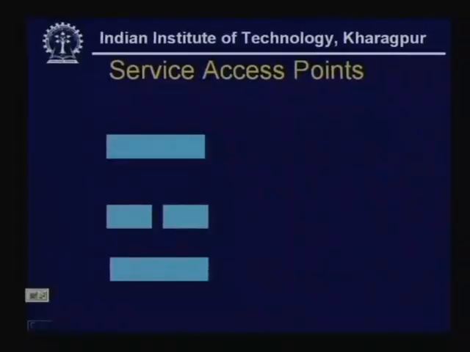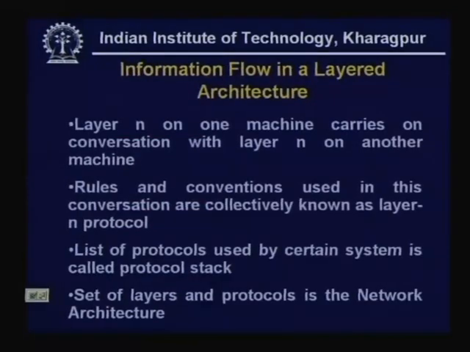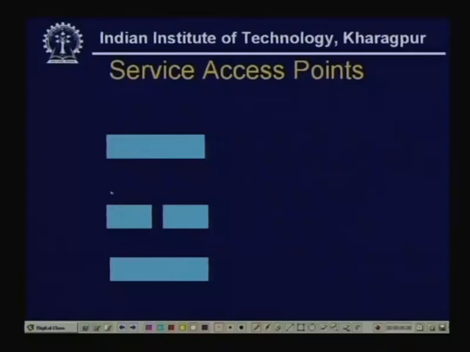Let me explain how the layers communicate with each other through service access points, and for that purpose let us consider two adjacent layers. Here you have two adjacent layers.